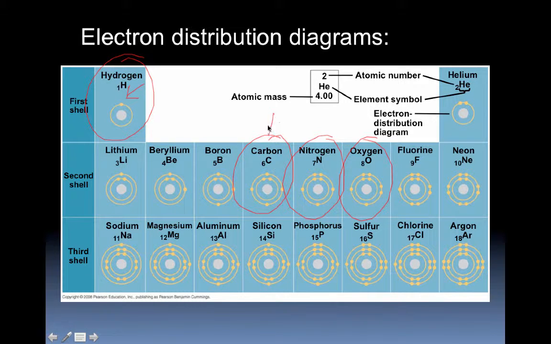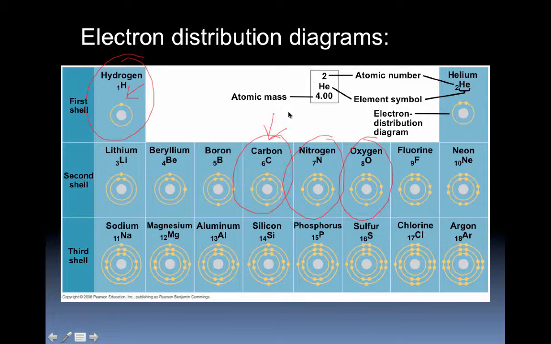Taking a look at carbon, carbon has an atomic number of 6, so if that carbon atom is neutral, it must also have 6 electrons to balance the 6 protons in the atomic nucleus.